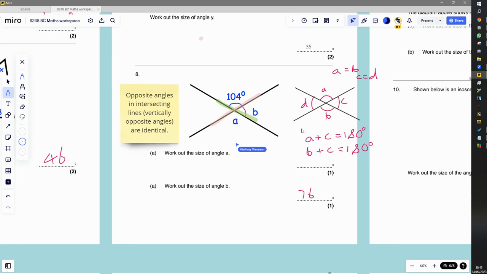But if we wanted to explain it a little bit further, then I can do a bit of algebra. I can subtract C from both sides, and I have A is equal to 180 degrees minus C, and over here I can subtract C again, and B is equal to 180 degrees minus C.